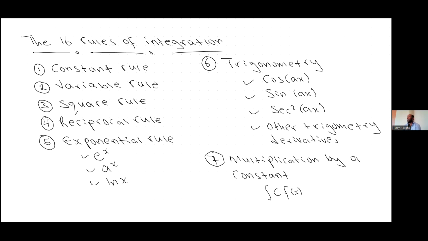Okay, if you are integrating a constant. Then I'm going to talk about number 8. Another rule that I'm going to talk about is what we call the power rule. All right, the power rule is one of the conversant ones, like integrating x raised to power n, something like this. Then number 9, I'm going to talk about the sum rule.